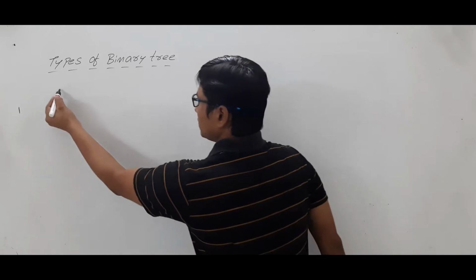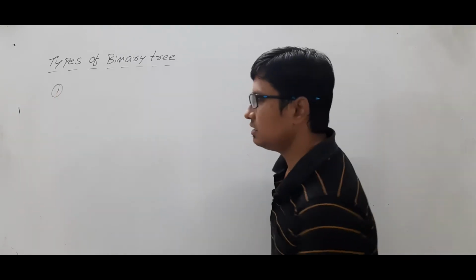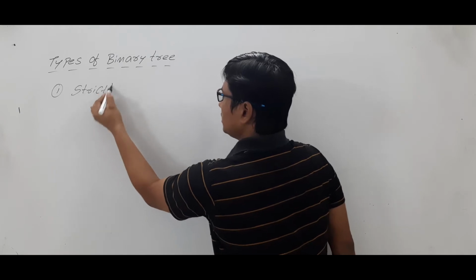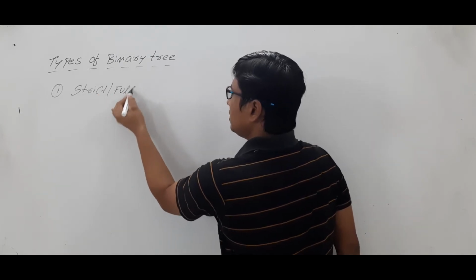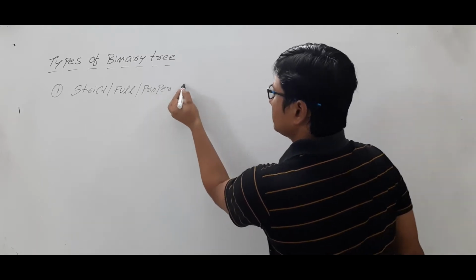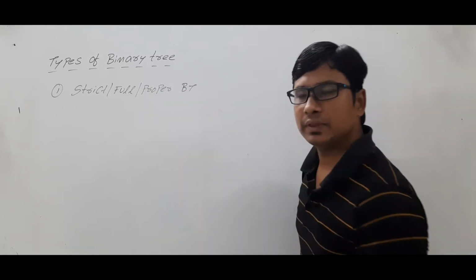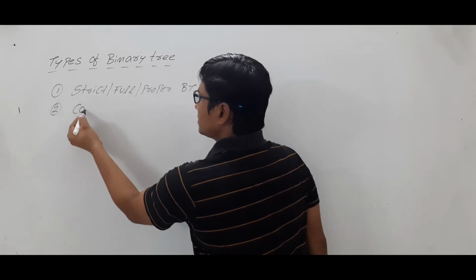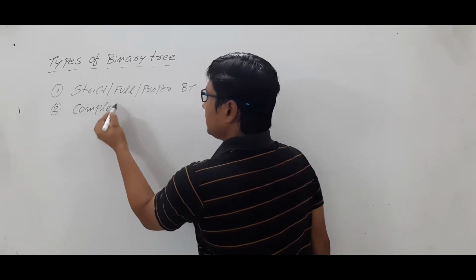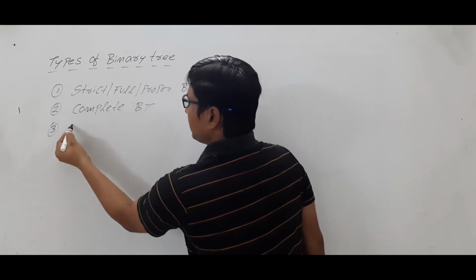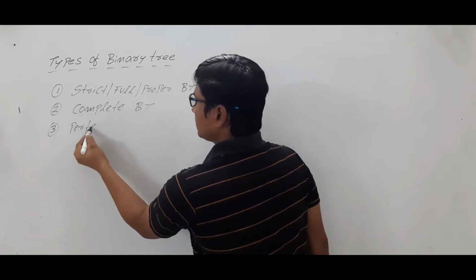The binary trees can be classified as a strict binary tree, or it can be a full binary tree, or it can be a proper binary tree. A binary tree can also be called a complete binary tree, and it can be a perfect binary tree.